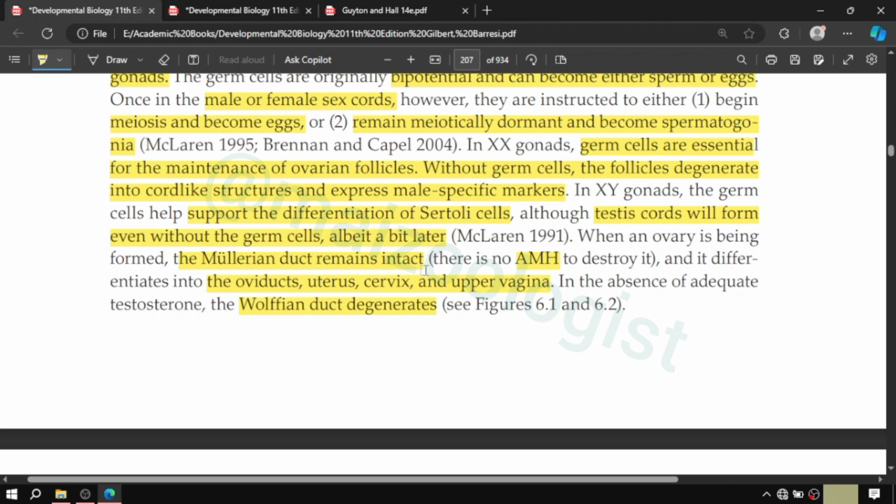We took a look at the sexually indifferent gonad, or the gonadal rudiment, the bipotential gonad, and then we briefly tried to understand how it gets determined to be either the testis or ovaries, step by step.